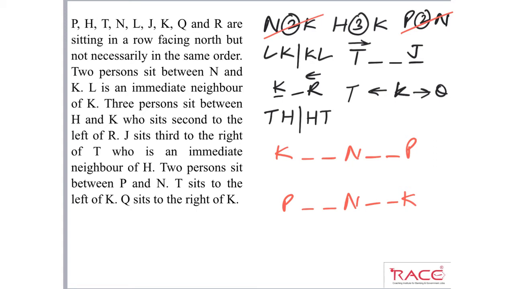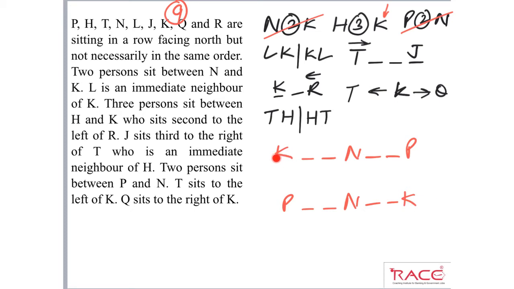Now K, next is K. This K, it is given in the diagram. So between K and H we have 3%. So this is important. As we have 9%, we cannot place more than 9% in the arrangement. So here in this sitting arrangement, if I place H toward right side of K, then there will be more than 9%.